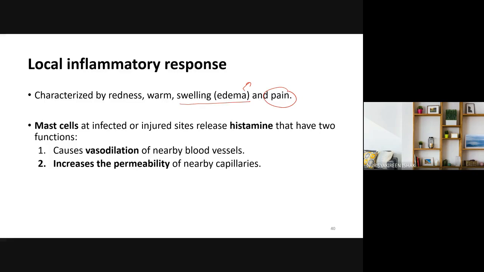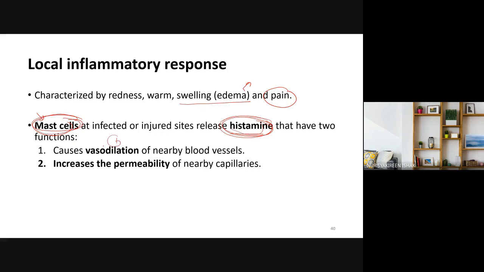So mast cell at infected or injured site releases histamine. So mast cell ni adalah sel pada tisu yang infected tu. Pada tisu yang infected tu akan ada mast cell. So this mast cell akan store vesicles that contain histamine. So when a tissue is infected, this mast cell releases histamine that have two functions.